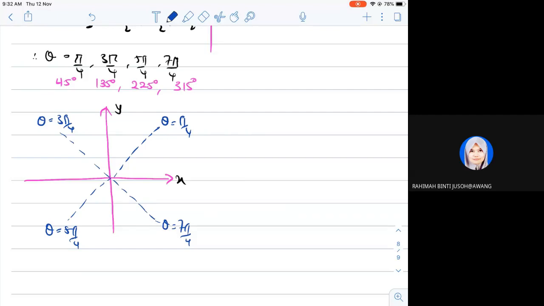So we can sketch the roses: first petal, second petal, third petal, and fourth petal. That's it.